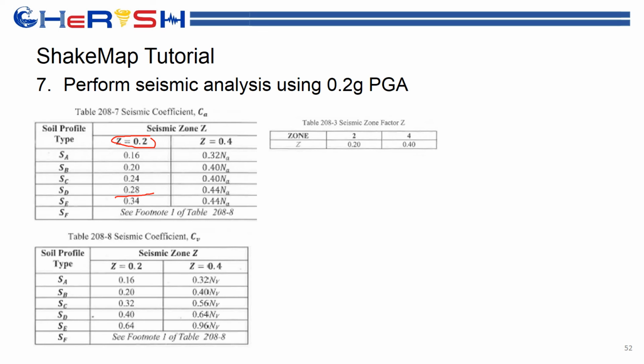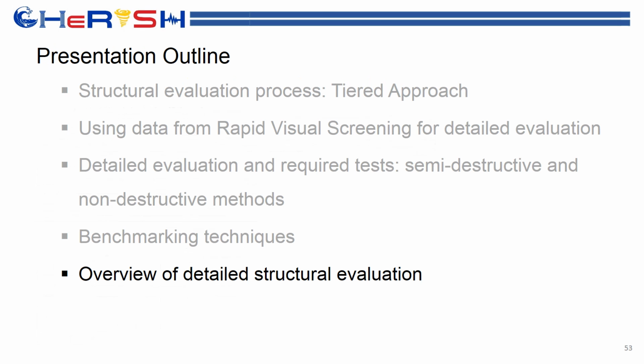So I should expect that if I use this information in my seismic analysis, at least my buildings must pass, right? And must not collapse under this level of earthquake. So that's the importance of benchmarking tools.